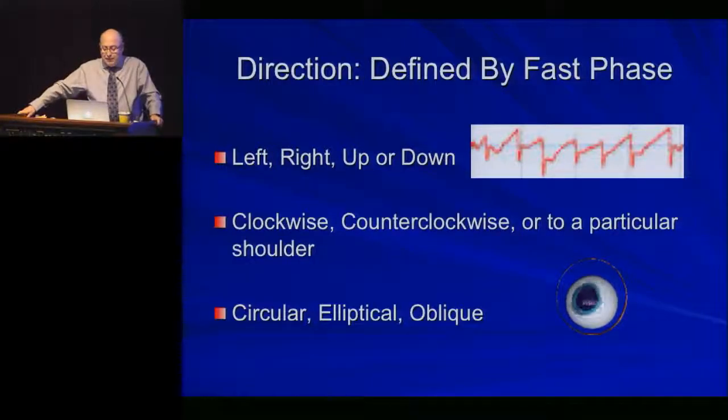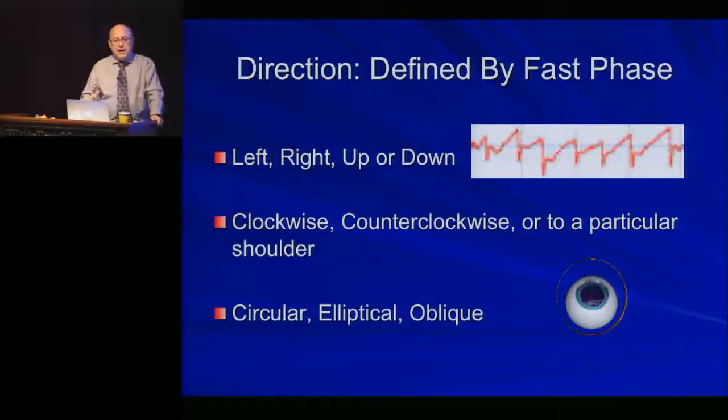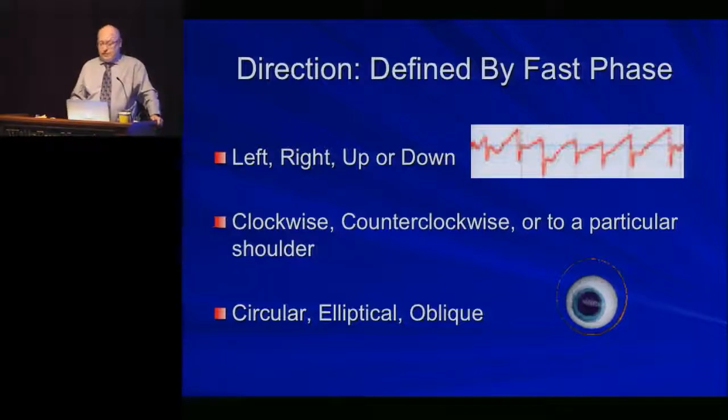If you have a combination of vertical and horizontal nystagmus, then it may take on a pattern that could be circular, if the vertical and horizontal are in phase, or elliptical or oblique if they're out of phase. So a complicated nystagmus like that, which is typically pendular, could be circular, elliptical, or oblique.